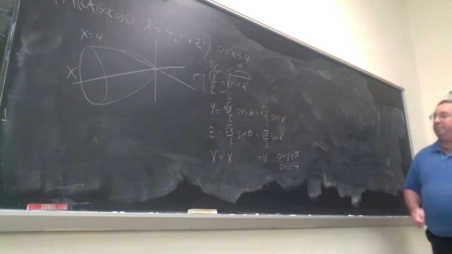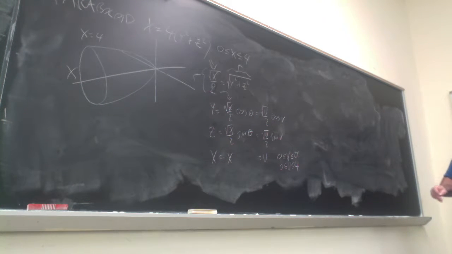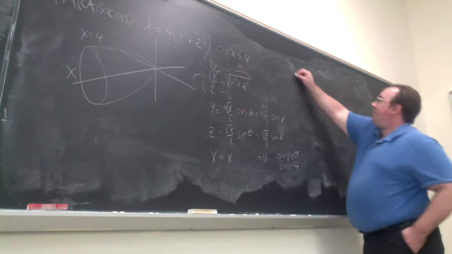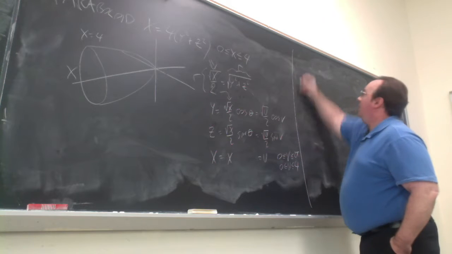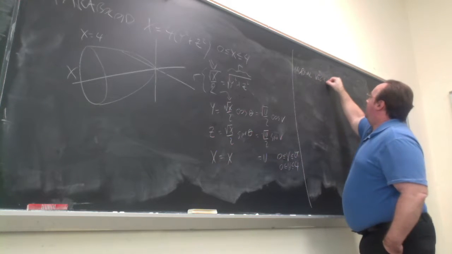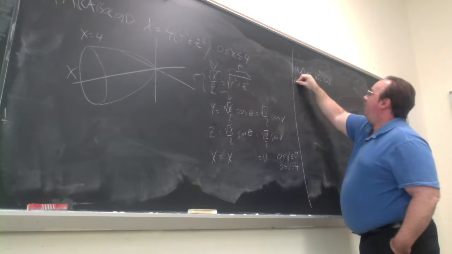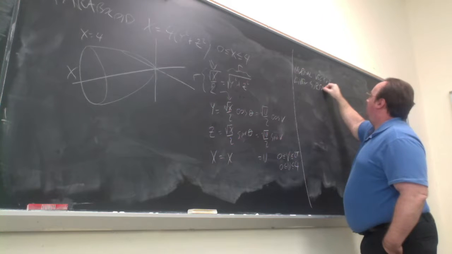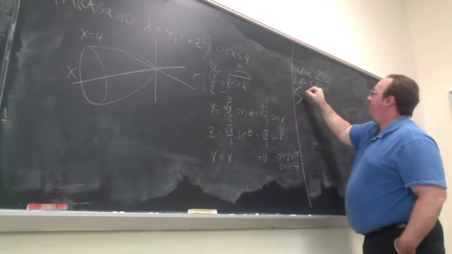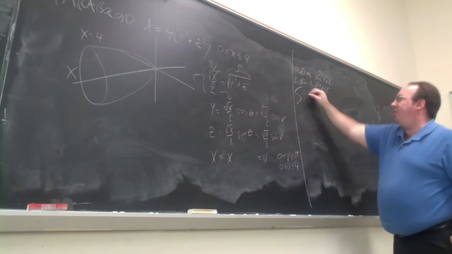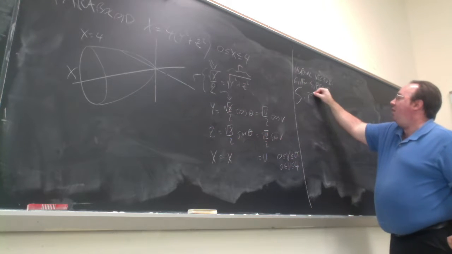Now, one very important concept associated with surfaces is the normal vector. So if you're given a surface S that's parametrized by parametric equations with parameters u and v, so you have r of u, v.